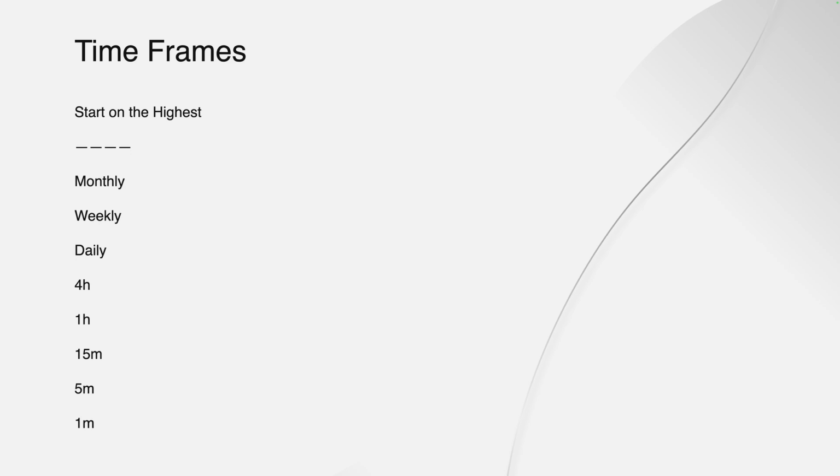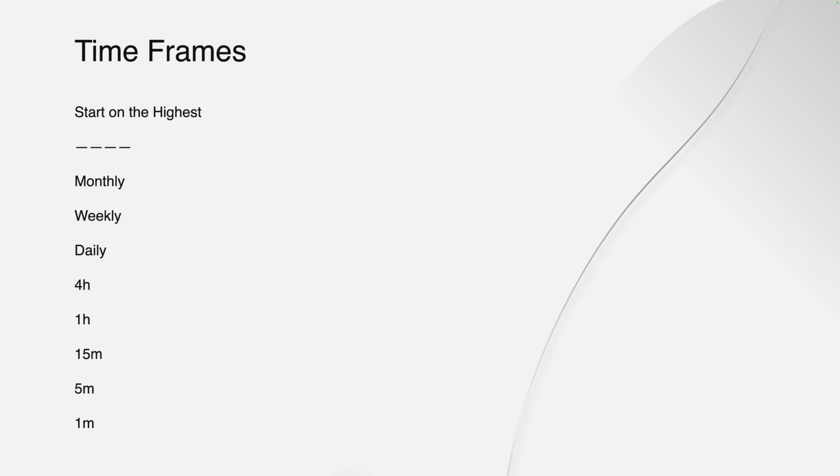So why we start on the highest time frame is again because it's the strongest time frame. So ideally, when we work our way down, everything should be in context of the higher time frames. So if the monthly is going higher, aiming for a premium array, for example, then we do not necessarily want to take shorts on the 1 minute, unless of course under very specific conditions. But these time frames should be in context.